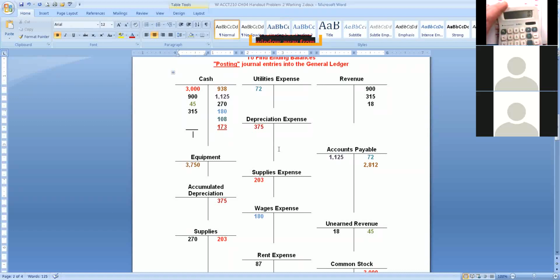Okay, so for cash, we have 3,000 plus 900 plus, 4260.